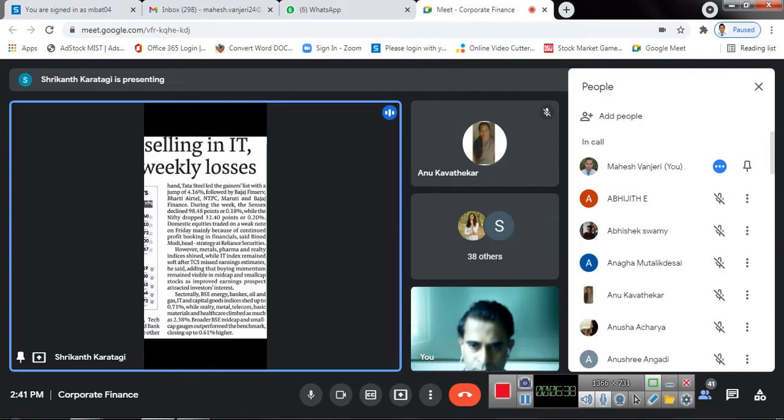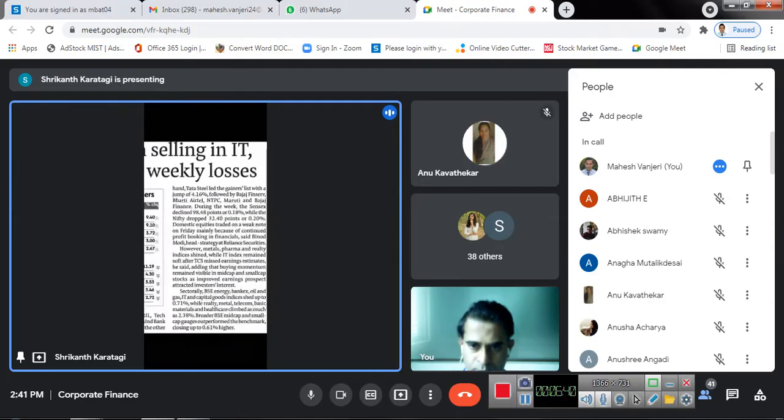Sectorally, BSE Energy, Bankex, Oil and Gas, IT, and capital goods indices slipped up to 0.71%, while realty, metal, telecom, basic materials, and healthcare climbed as much as 2.38%. Broader BSE Midcap and Smallcap gauges outperformed the benchmark, closing up to 0.61% higher.